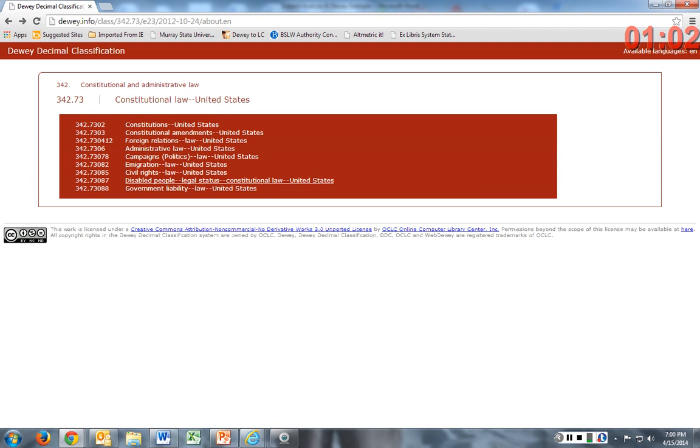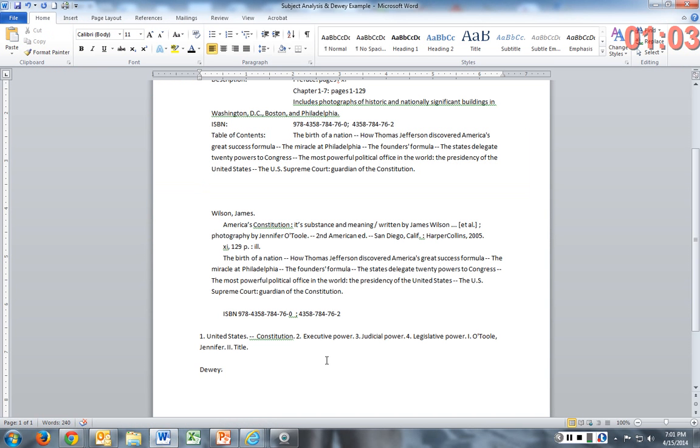I'd like it to sit next to the Constitution itself, and that seems to be a good place to put it. So that would be my Dewey, 342.73029.